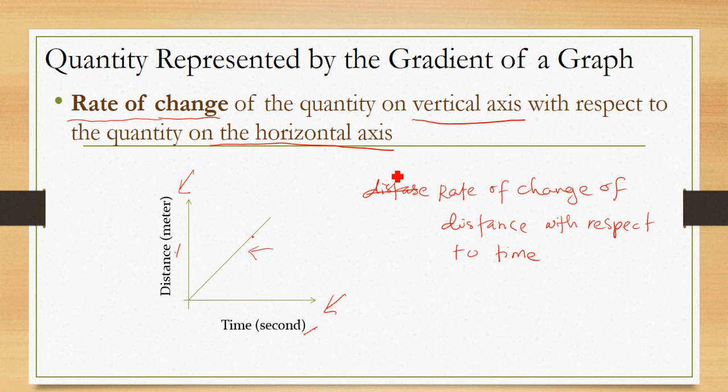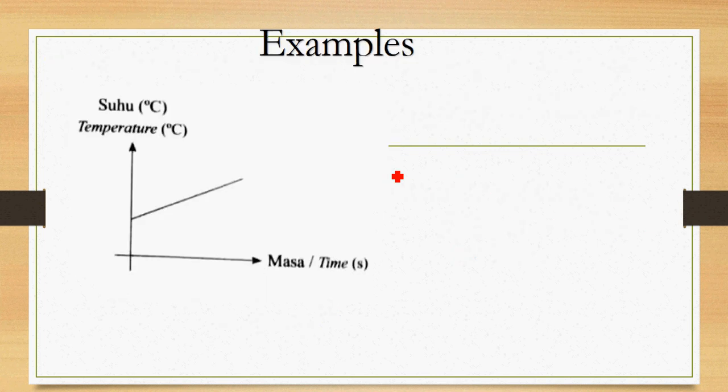Okay, so let's see some examples. For this graph, on the horizontal axis, it is time. This is the horizontal axis, and this is the vertical axis.